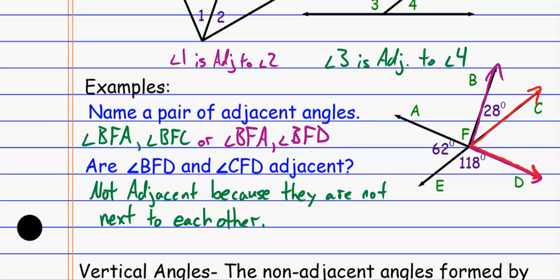One angle is inside of the other angle. And so again, adjacent angles have to be next to each other. They share only that side, but they can't be inside of one another. It's got to be next to each other.